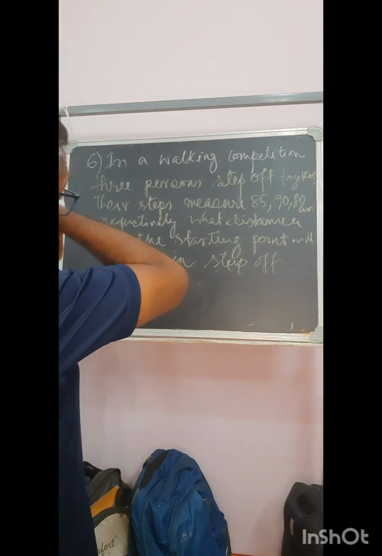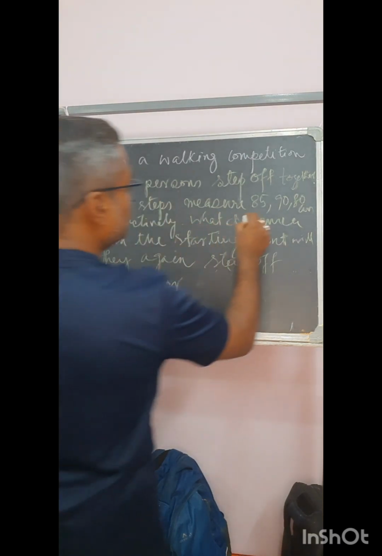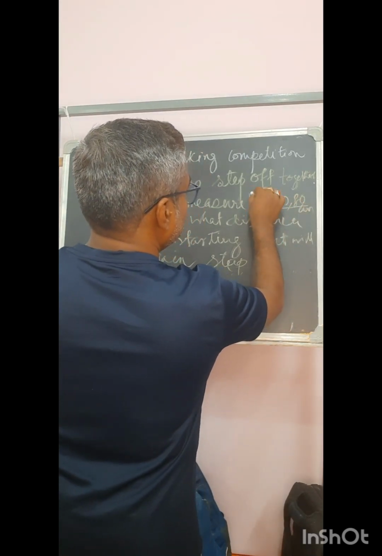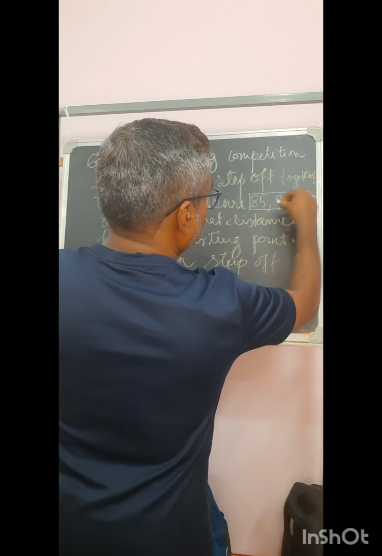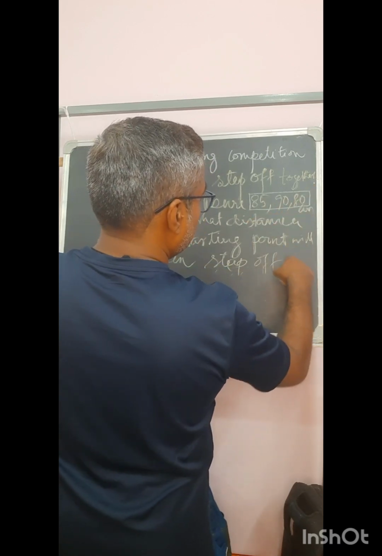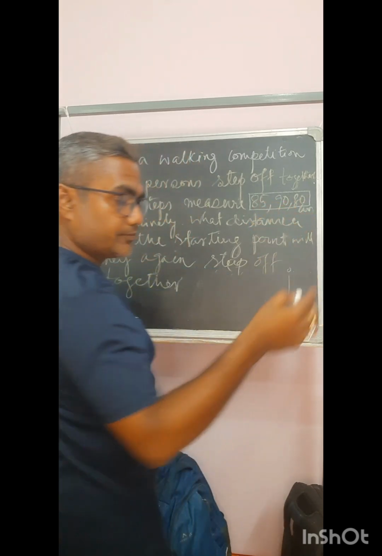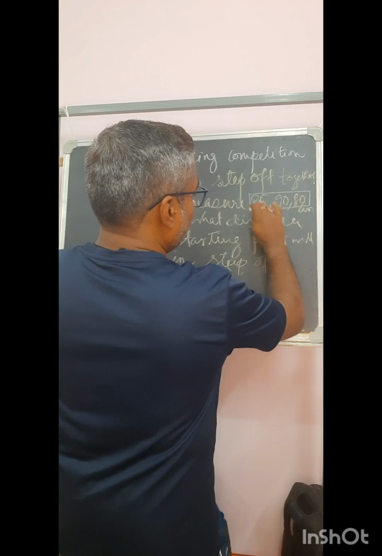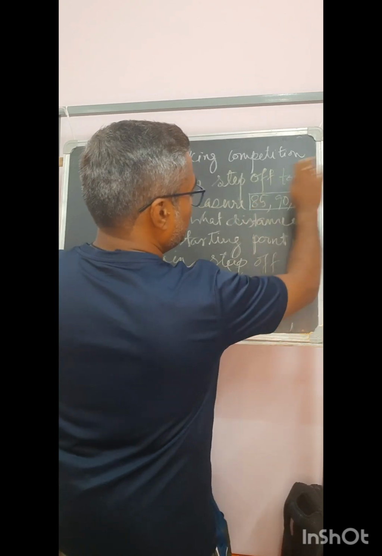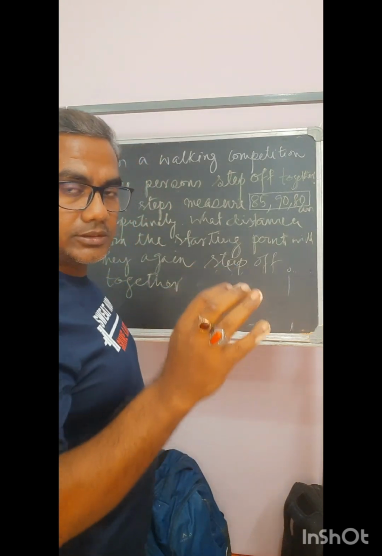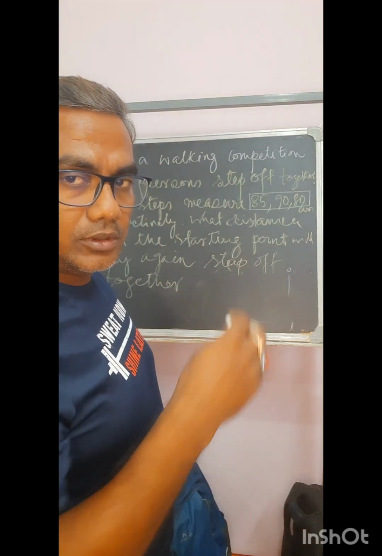As they are meeting at some point, that means there is a common multiple, because they are starting at the 0 point, the starting point. 0 is always a common point for everything, and after that there should be some multiple of these three numbers which will again be common for all three.